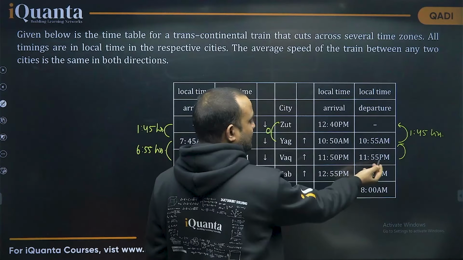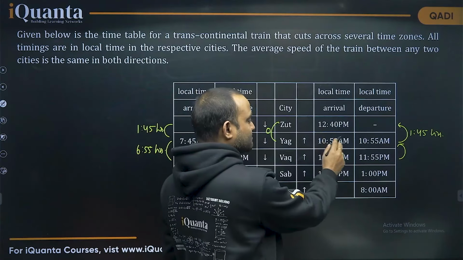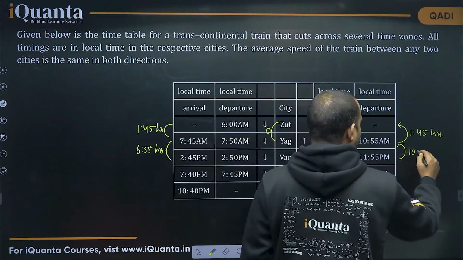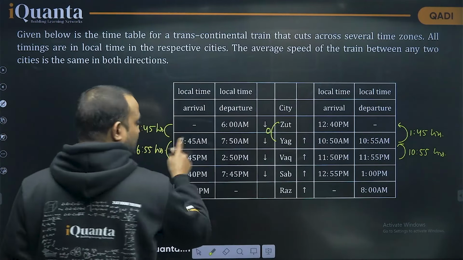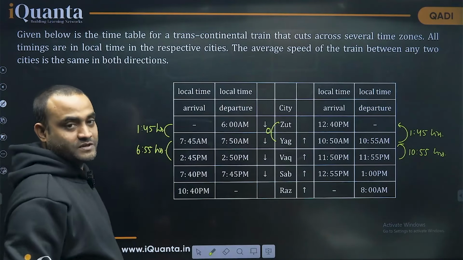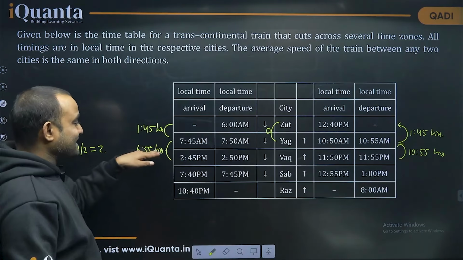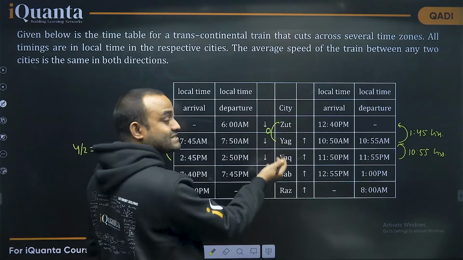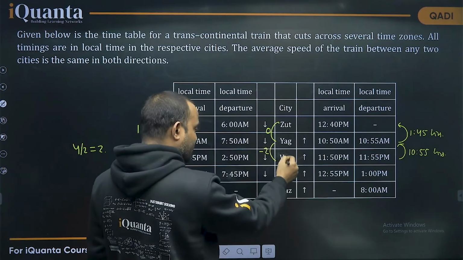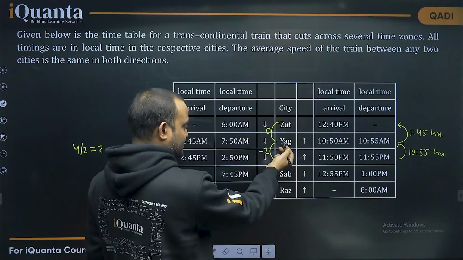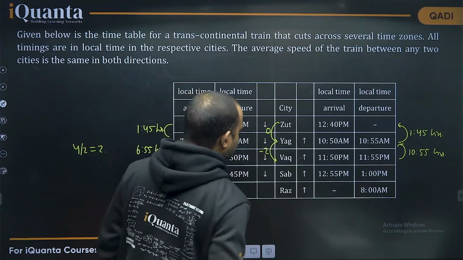Starting at 11:55 p.m., arriving at 10:50, so 11 hours minus 5 minutes, this is 10 hours 55 minutes. Now what's the difference? 10 hours 55 minutes and 6 hours 55 minutes. The difference is 4, so the difference in time zone is 2. This is taking lesser time. This means YAG is ahead of Walk by 2 hours. So from here to here, I am taking that YAG is ahead, Walk is behind. Walk is behind by 2 hours from YAG.